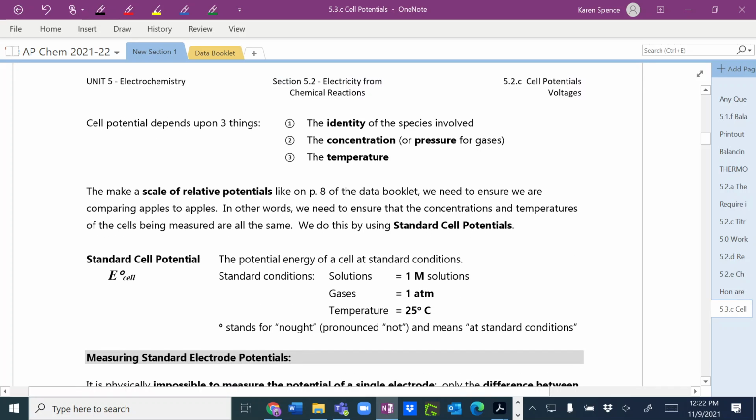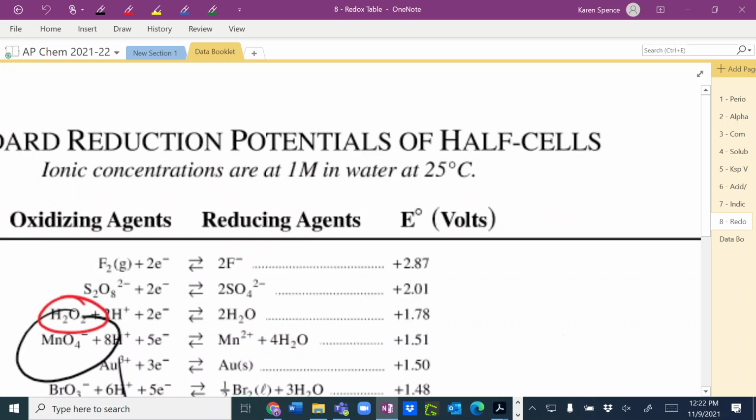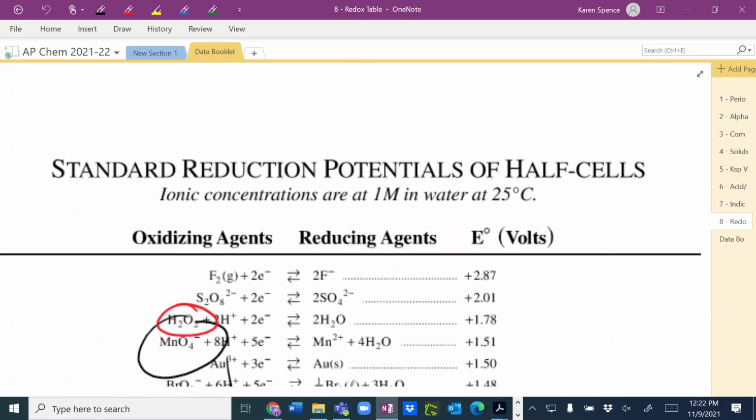So on page 8 of your data booklet, what you'll see at the top is that all ion concentrations are 1 molar in water at 25 degrees Celsius. Those are the standard temperature and concentration that we use for the half cells.